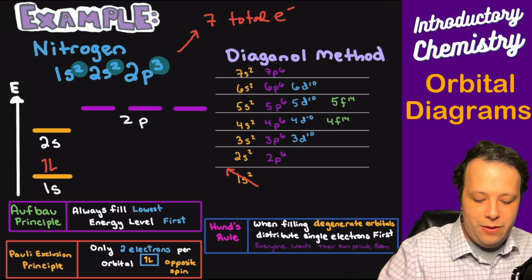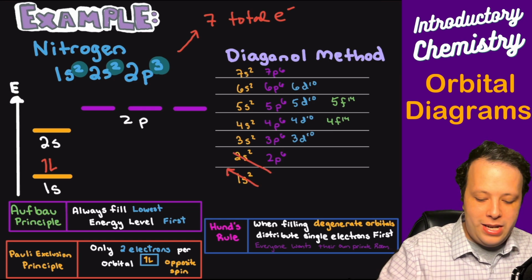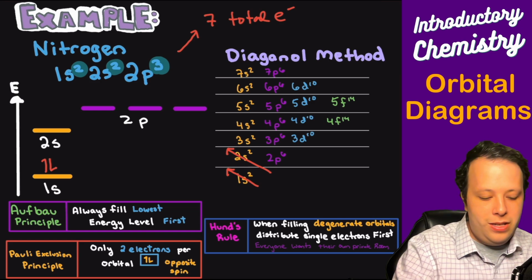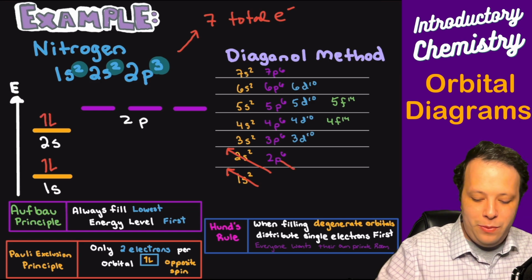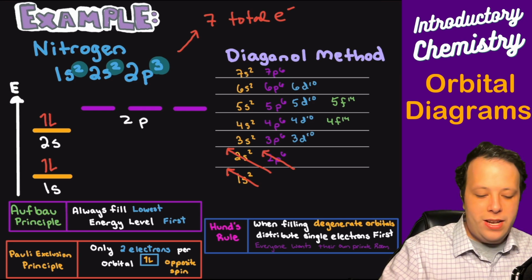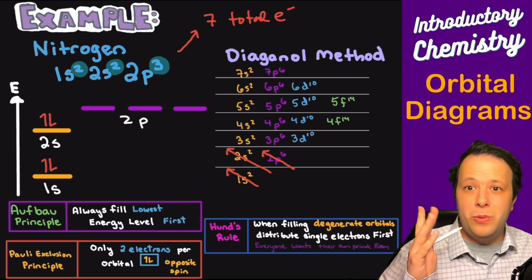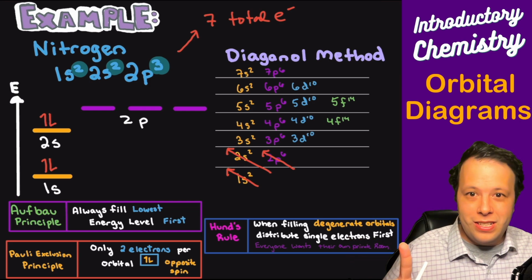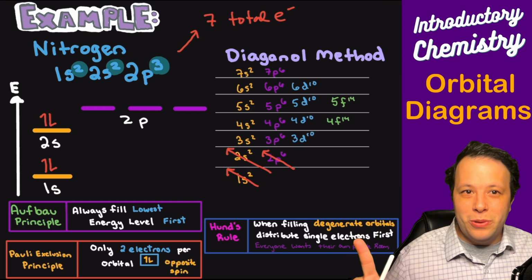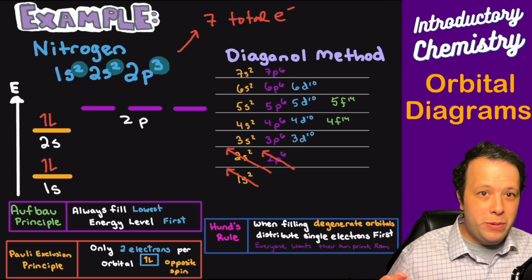Now, being that we just did that one, what we do next is 2s2. So we go up, down, like so, and then we will continue that trend. Now we have 2p3, and we don't just automatically write all 6 electrons. We now have to use Hund's rule, because we have degenerate orbitals here.